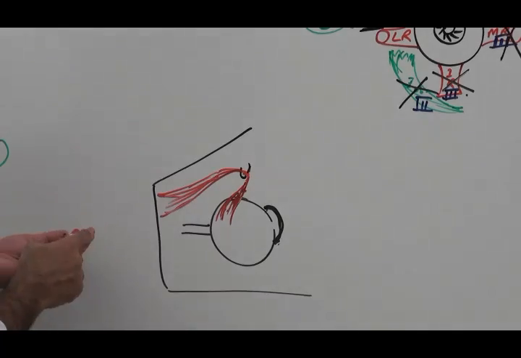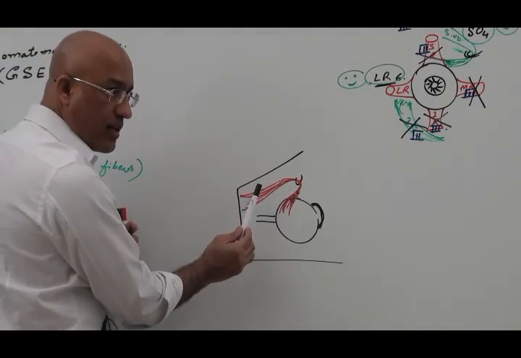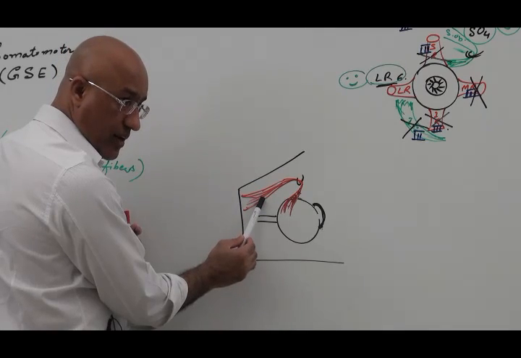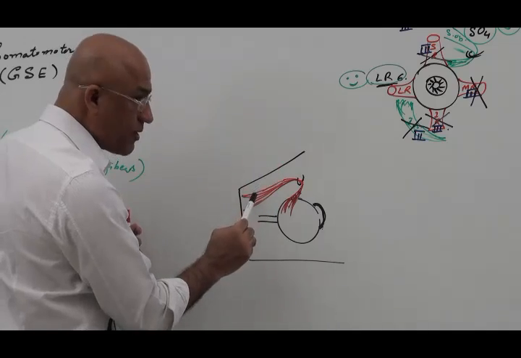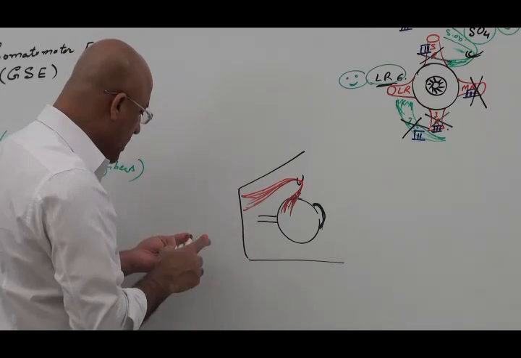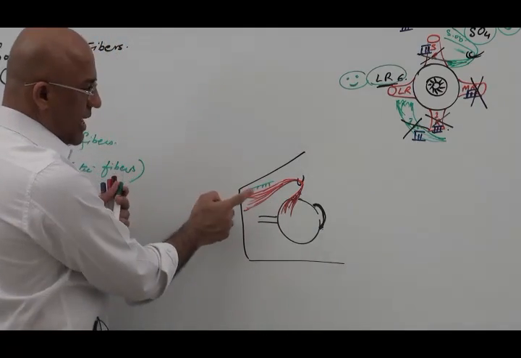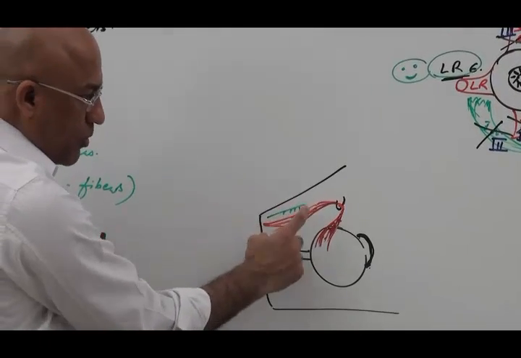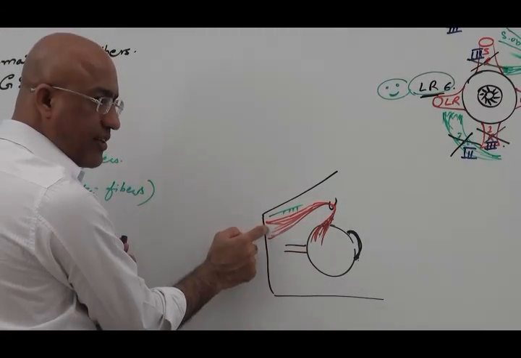Now, when superior oblique contracts, if it is functional, I told you SO4, that is trochlear nerve, is functional. If there is an isolated lesion of the third cranial nerve, trochlear nerve is functional, and if trochlear nerve is working, that will lead to action of superior oblique. When superior oblique muscle contracts, actually this pulls backward, because this end is the fixed end.